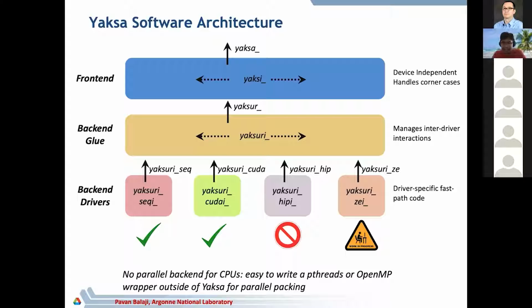The AMD GPU stuff is not done yet. The primary reason for that is that Yaxa was actually motivated, of course, through MPI, but also heavily motivated by our deep learning users. And at this point, they're not yet using AMD GPUs, so the priority for us was somewhat lower.